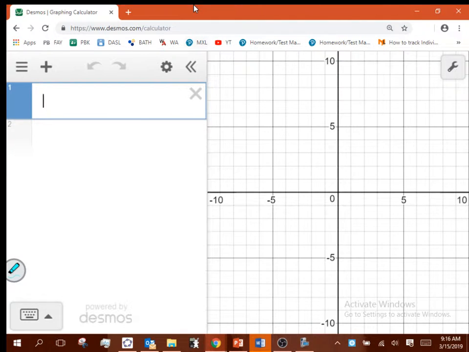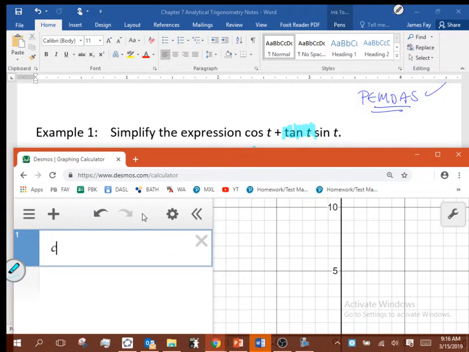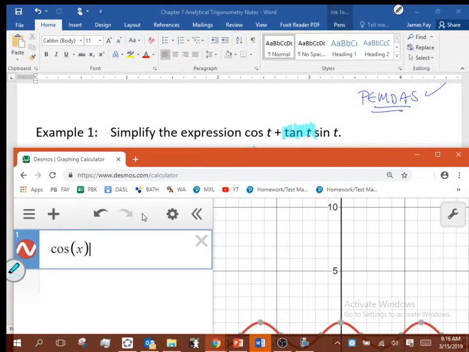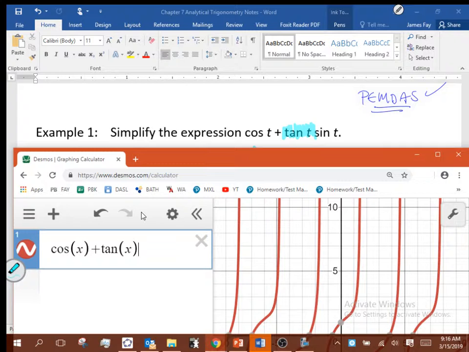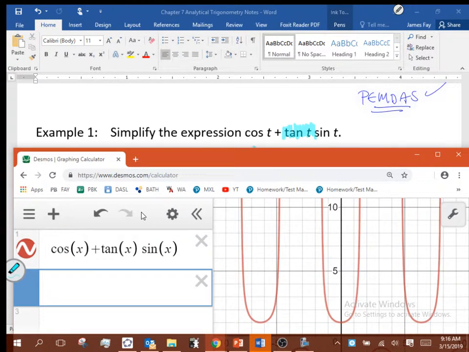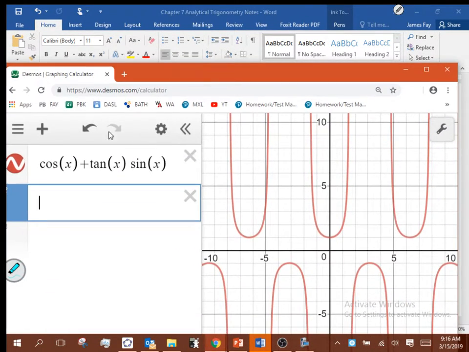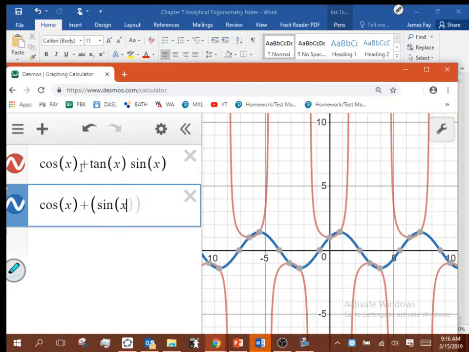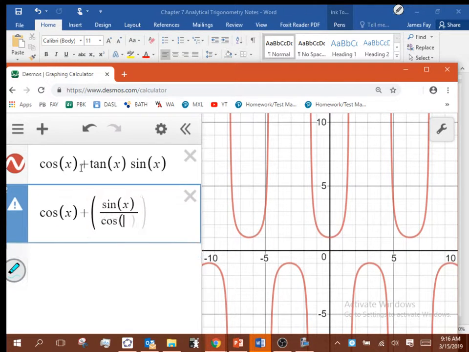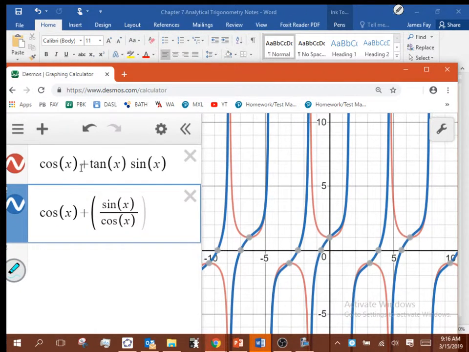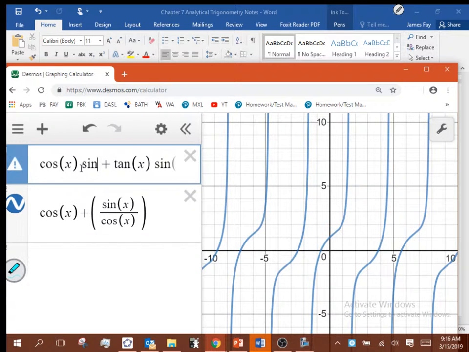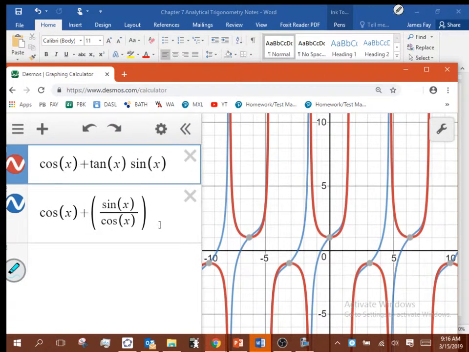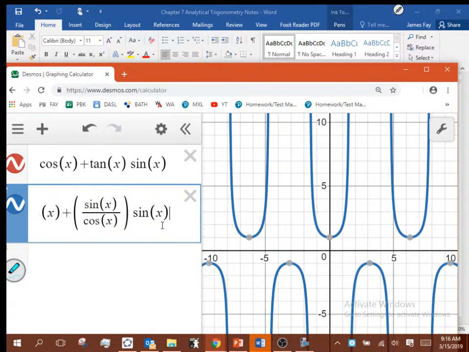So what we start off with is cosine of t plus, let's use x, plus tangent x sine x, that's what we start off with, and we just turned it into cosine x plus sine of x divided by cosine x, then times sine of x.